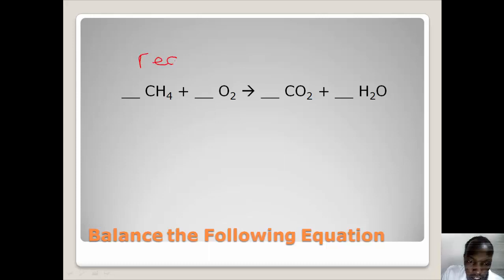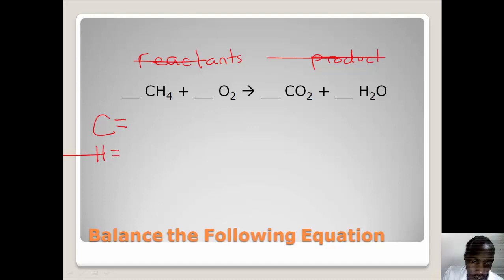This side is the reactants. This side is the product. Alright. C, H, and O. Alright.